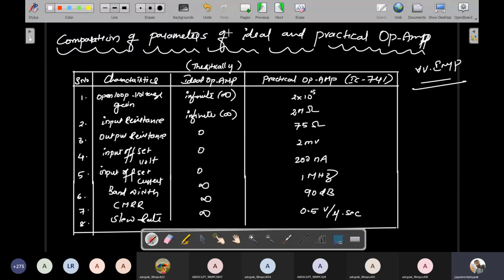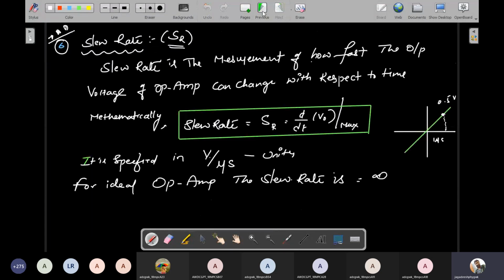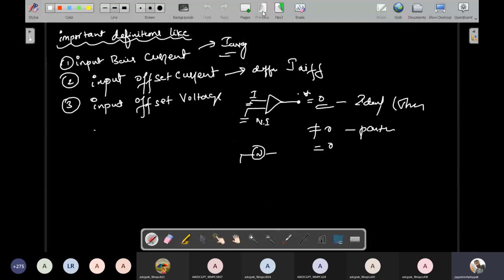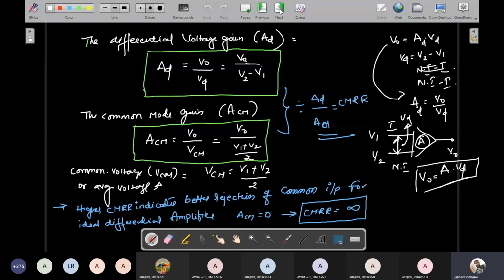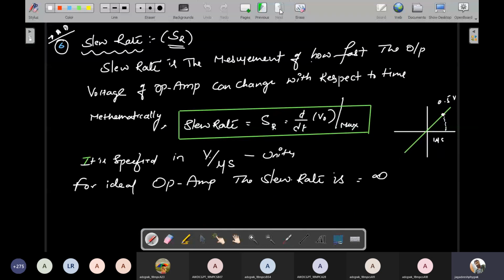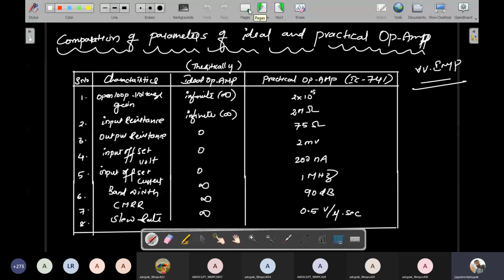So let us move to the next page. Next we are discussing the circuit symbol of the IC 741 op-amp.